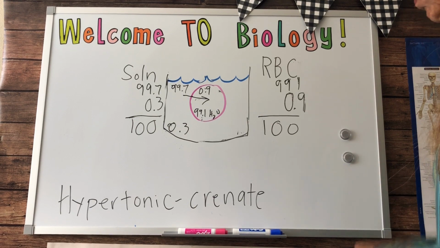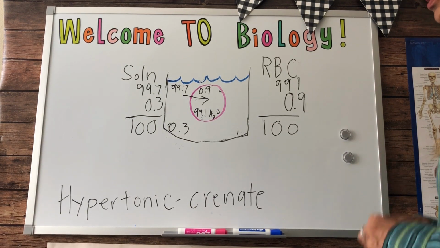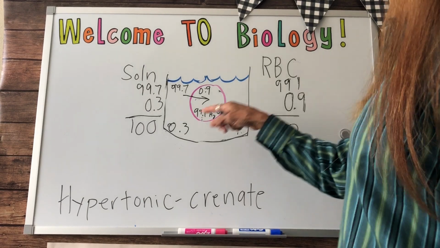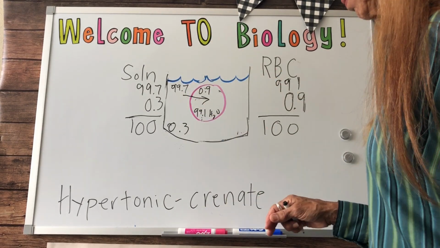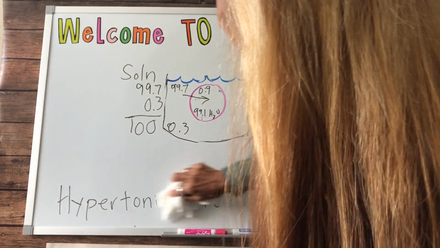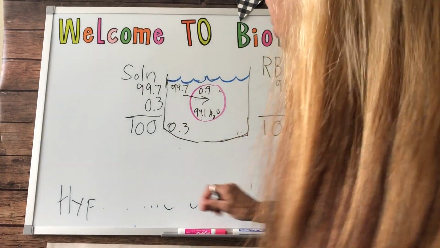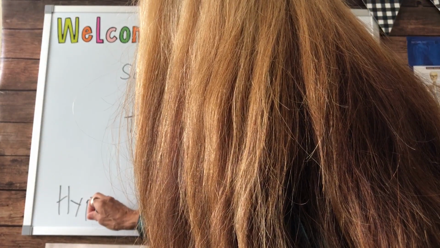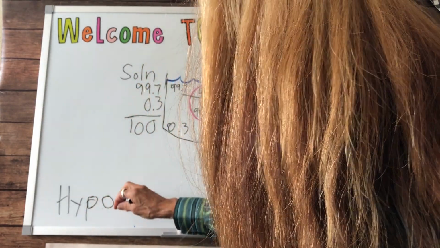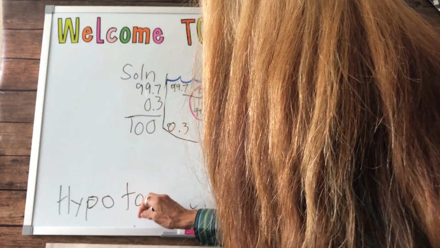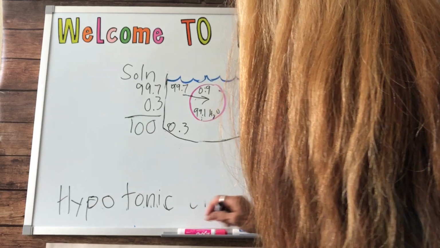So if I were to continually pump water into the cell, eventually this cell would burst, or what we call hemolyze. And in this situation, the solution is said to be hypotonic. It means it has a lower amount of salt content in it. So we call that hypotonic.